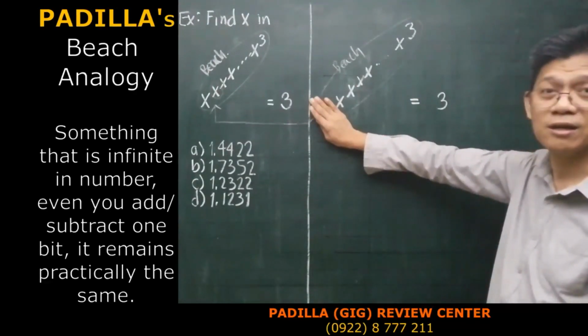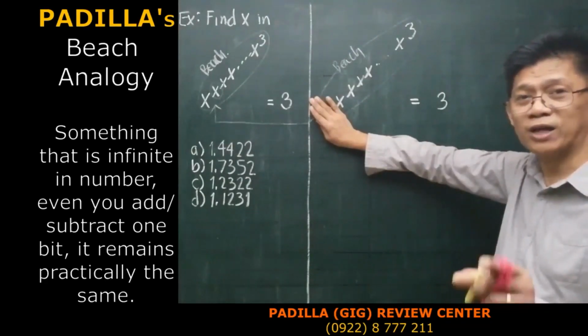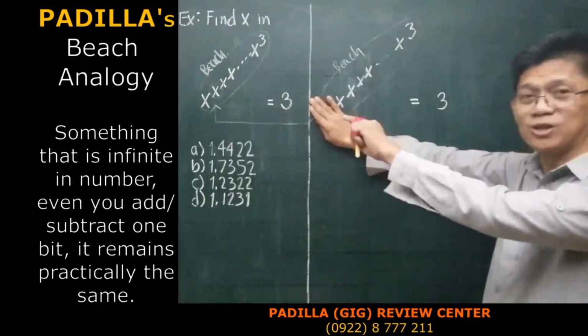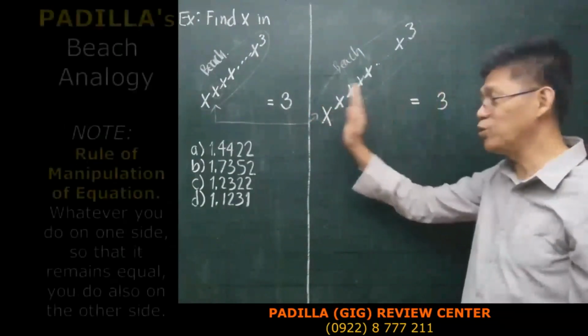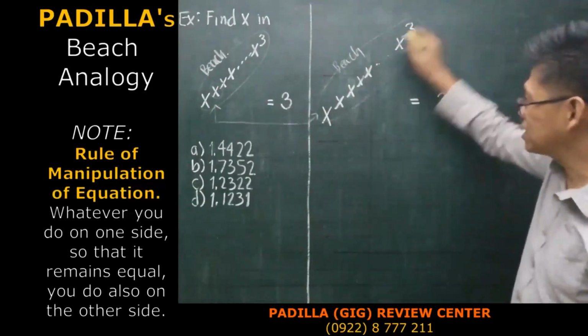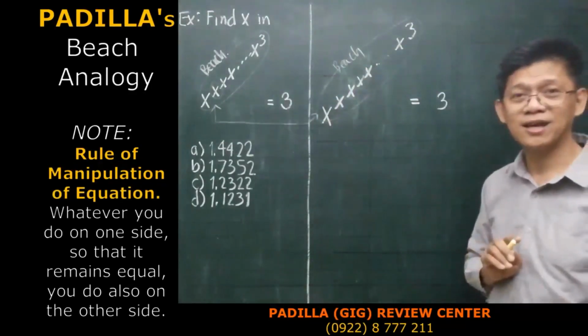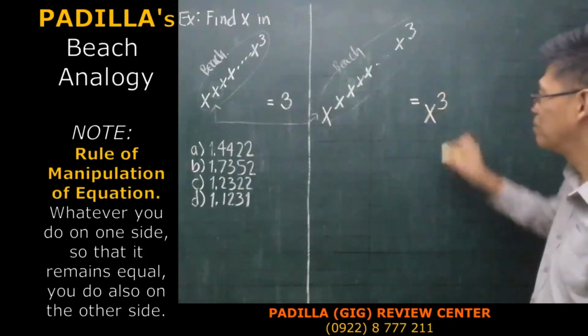That's equal to 3. But by the rule of manipulation of equations, whatever you do on the left side so that the equation remains equal, whatever you do here, you must also do on the right side. I made this as an exponent of x. I must also make this as an exponent of x.